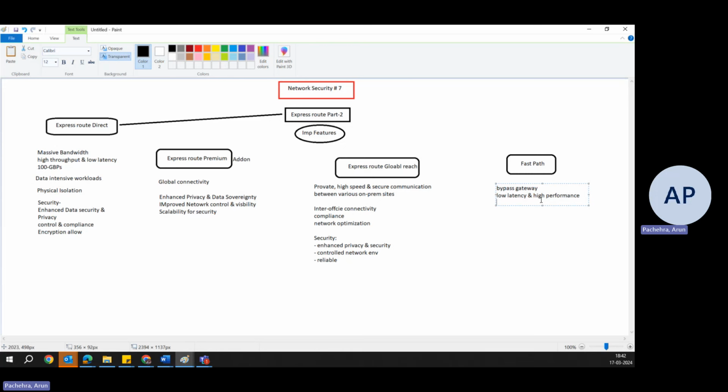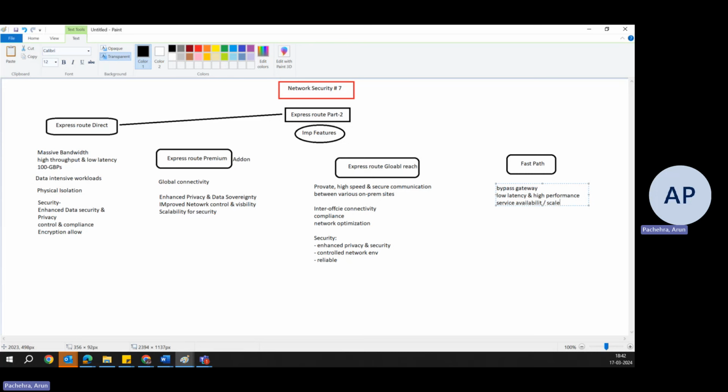Well, performance improvement is highlighted here. For large-scale deployments or applications requiring high throughput, FastPath ensures that the added traffic does not overwhelm the ExpressRoute gateway, maintaining efficient data flow and service availability. So, efficiency at scale, service availability.